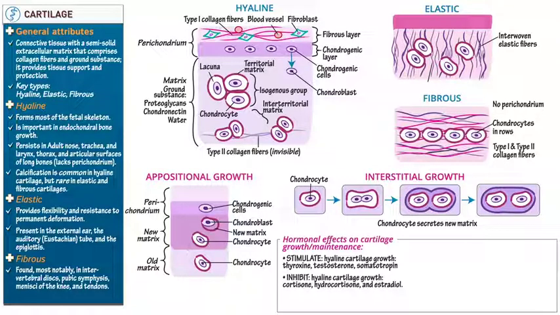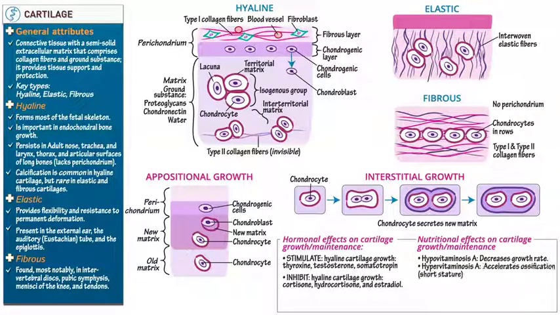For reference, consider how the following nutritional states affect bone growth. Hypovitaminosis A diminishes the thickness of the epiphyseal plates and decreases the growth rate. Hypervitaminosis A accelerates ossification of the epiphyseal plates and induces short stature.